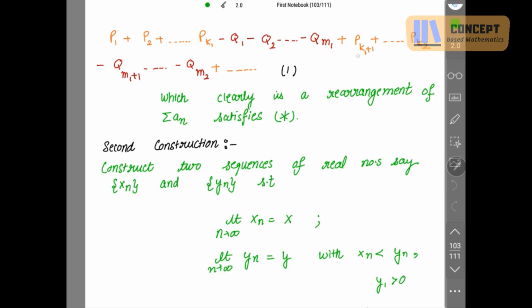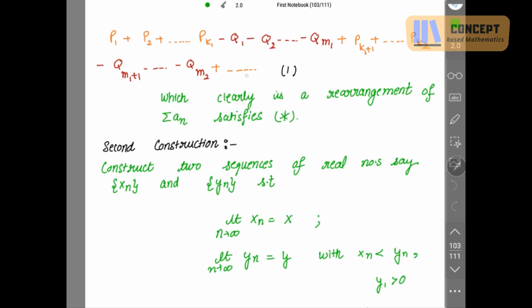Then again followed by the next terms from k1 plus 1 up to k2 of positive terms, followed by the next m2 terms for the qn's, right?